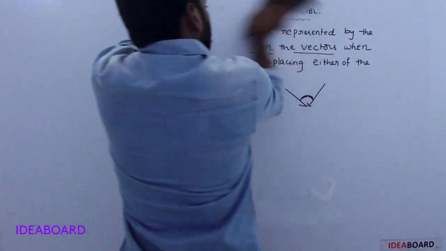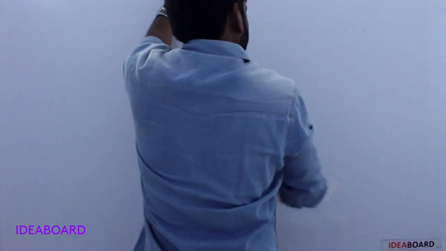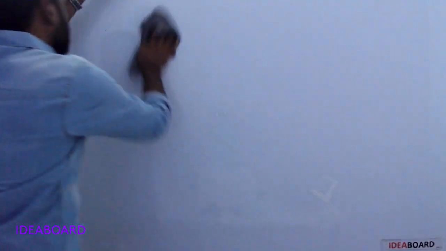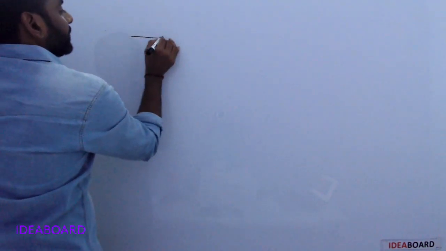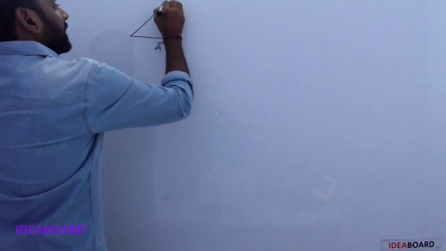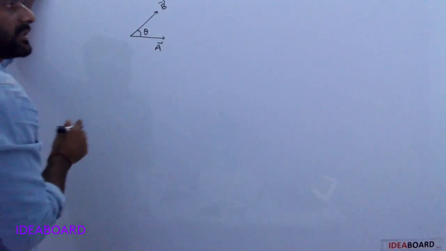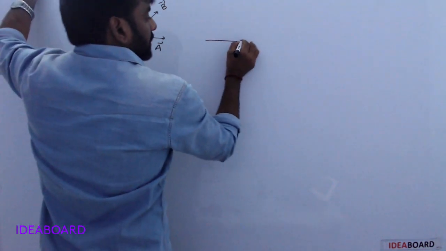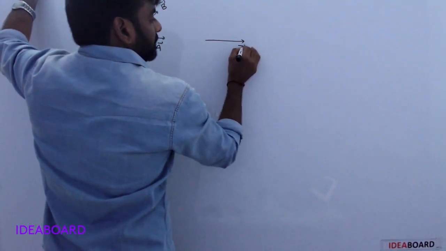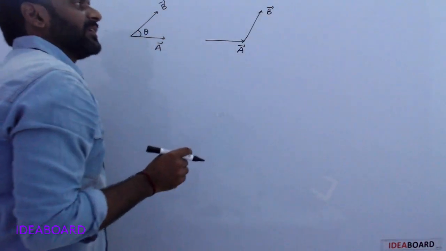Now see some examples. Here A bar and B bar, this is the angle between the vectors. For example, this is A bar, this one is B bar. What is the angle between the vectors?